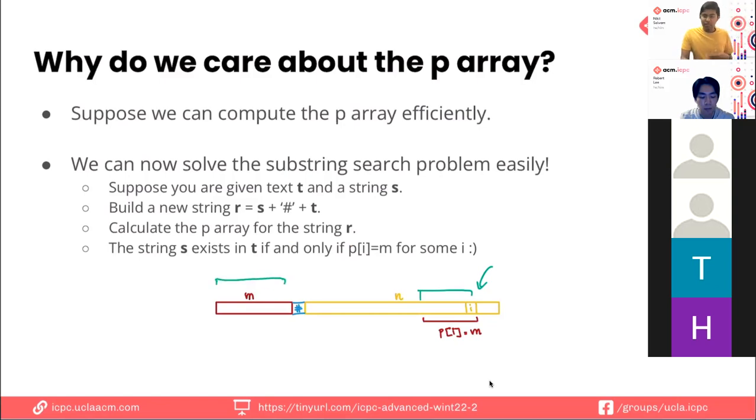Prefix function being equal to M is telling you that the string that is over here is the same as the string that is over here. And that is exactly what it means for string S to be in T, right? Do people follow?